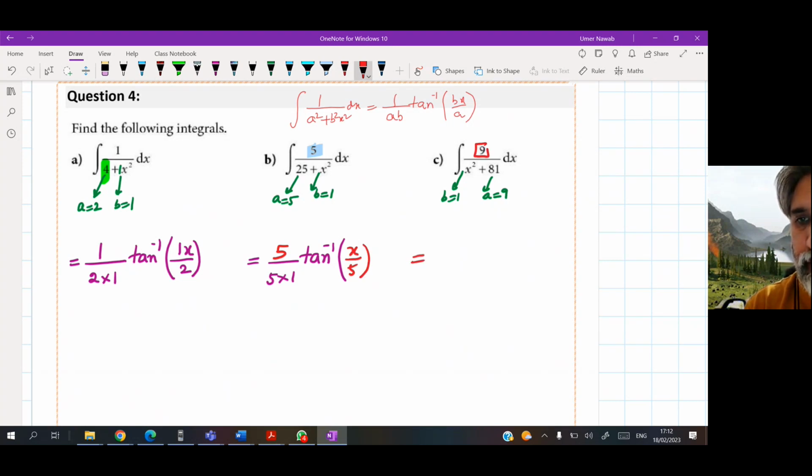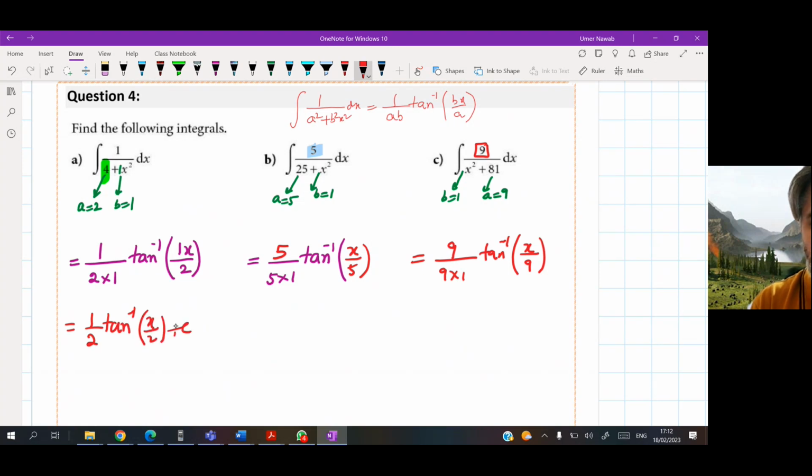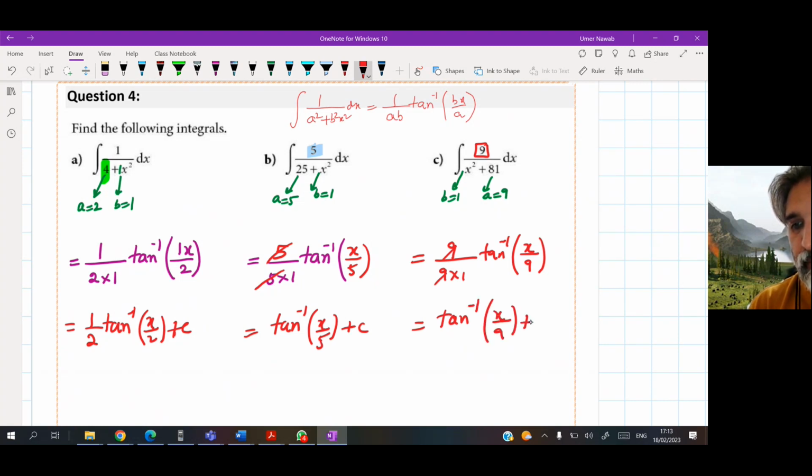There's a number here, 9, so 1 over 9 times 1 inverse tan of x over 9. So my final answer is 1 over 2 inverse tan of x over 2 plus c. 5 cancelled: inverse tan x over 5 plus c. 9 cancelled: inverse tan x over 9 plus c.